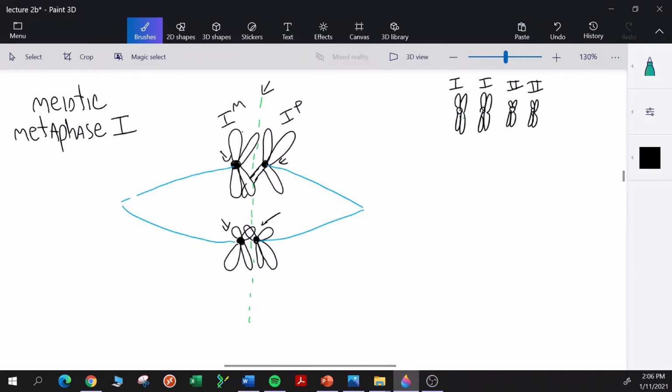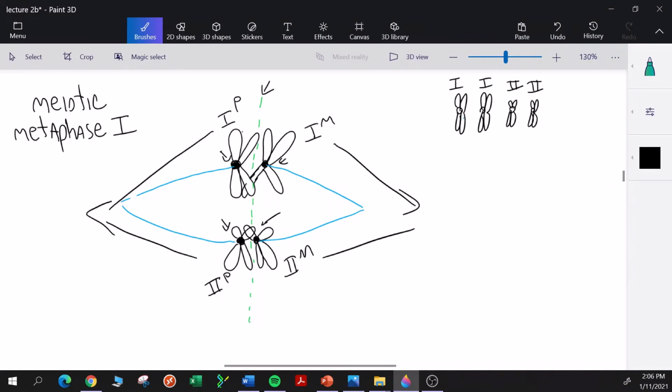We don't know that. So if this one is 1P and this is 2P and this is 1M and this is 2M, what that means is 1P and 2P are going to go together into one meiotic product, and 1M and 2M are going to go together into another meiotic product.